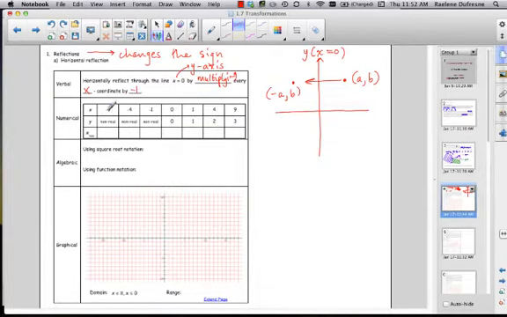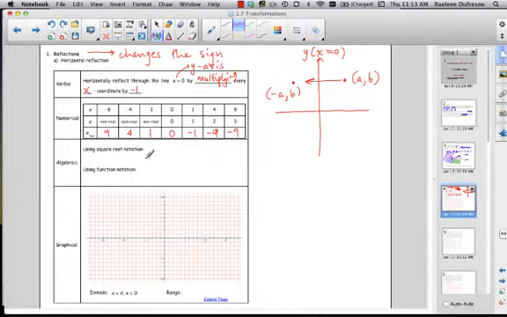So horizontal reflection takes -9 to +9, -4 to +4, -1 to +1, and 0 to 0, -1 to -1, +4 to -4, and +9 to -9. So even though we started off with an x value of -9, it's going to behave like +9.